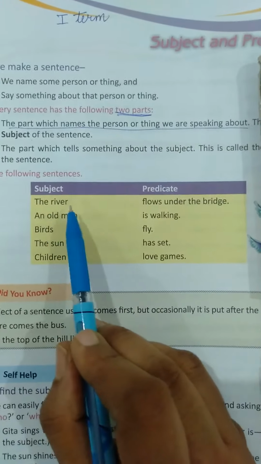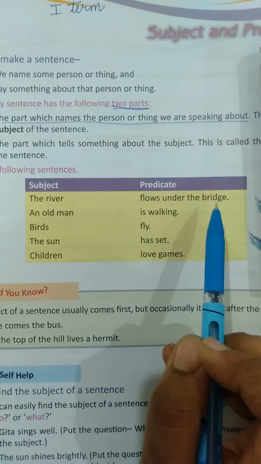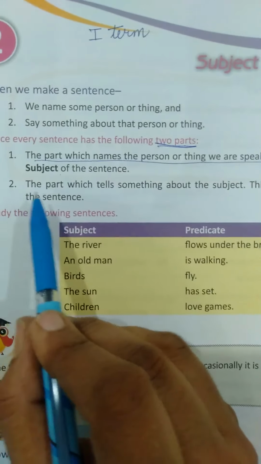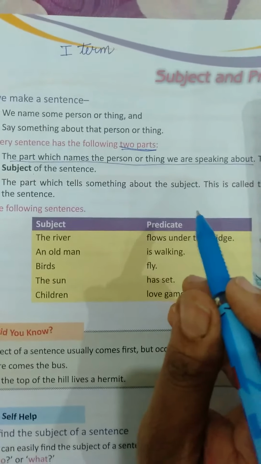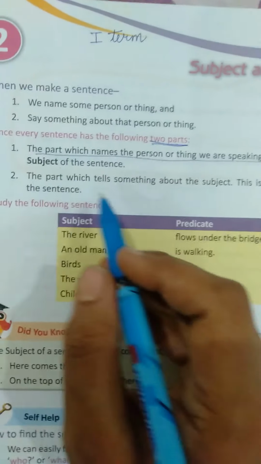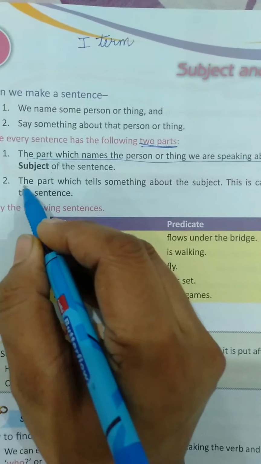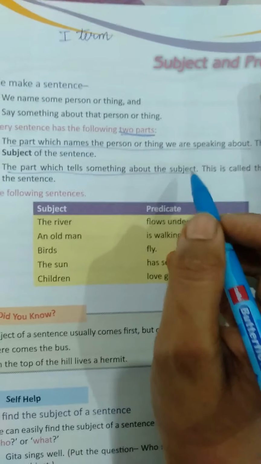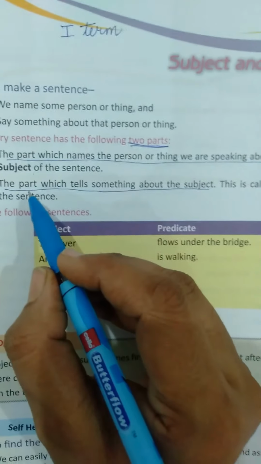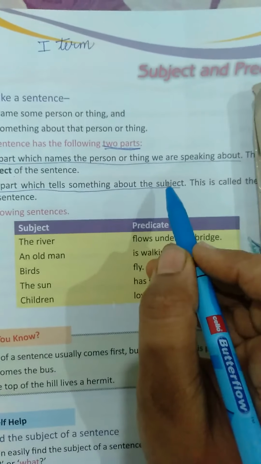The river flows under the bridge. Now I forgot to make you underline the definition of a predicate. This is not going to come in the paper, usually they are not asking about the definitions, but this you should know. The part which tells something about the subject is called the predicate.